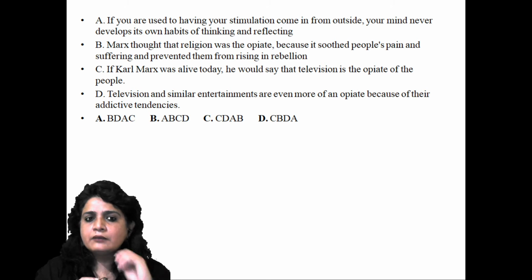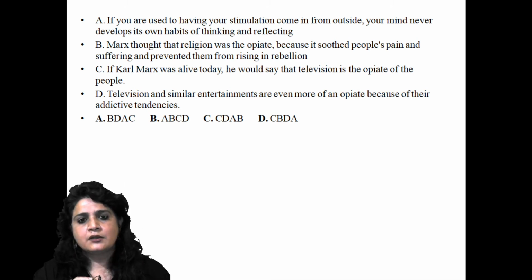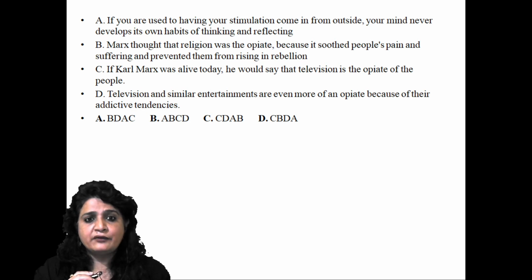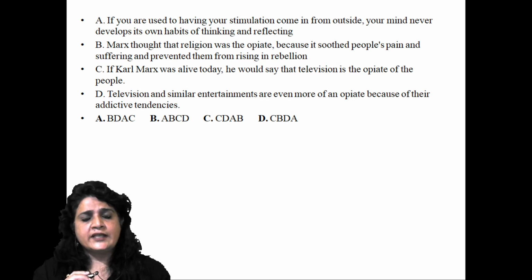So with that, you can see your options. So C and D are opening with C. If Karl Marx was alive today, he would say that television is the opiate of the masses. Now, if it is followed by B, let's see: Marx thought that religion was the opiate because it soothed people's pain and suffering and prevented them from rising in rebellion.